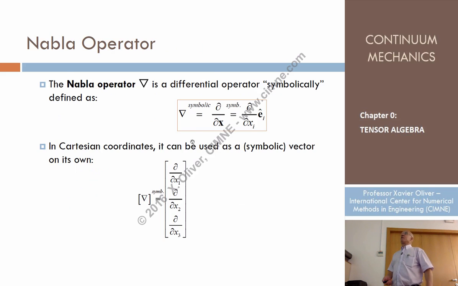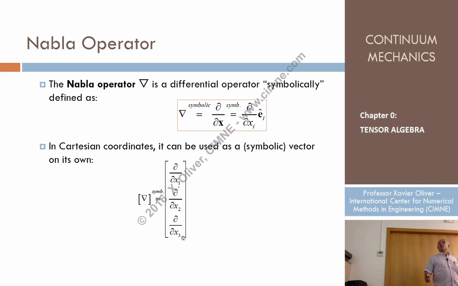Okay, so let's define something which is going to be called the nabla operator, represented by this inverted triangle. And let's consider that this is symbolically a vector. What does symbolically mean?